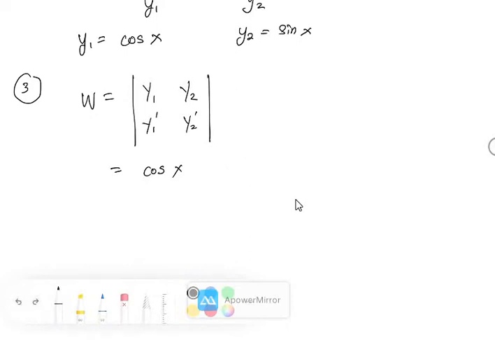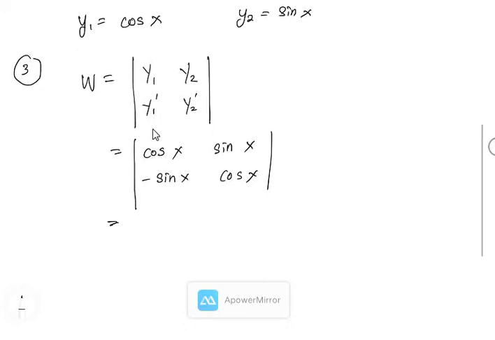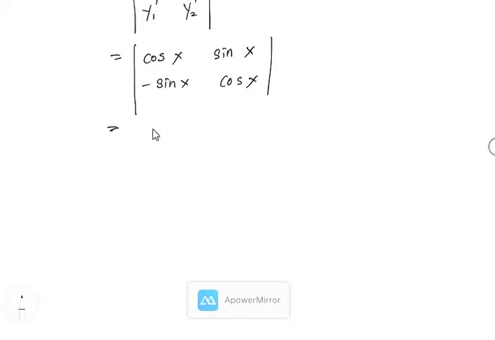We get y1 and y2 from step 2. Then you need to find y1 prime from y1. Differentiate cos, you get negative sin x, and differentiate sin, we get cos x.